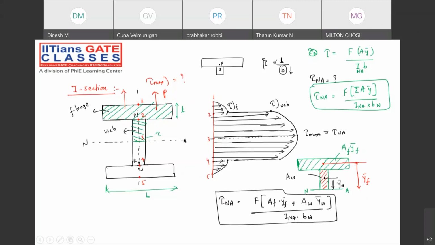Check it out. All of you, are you understanding what I'm saying? Tell me, guys. How to calculate the shear stress at a particular fiber? Correct.